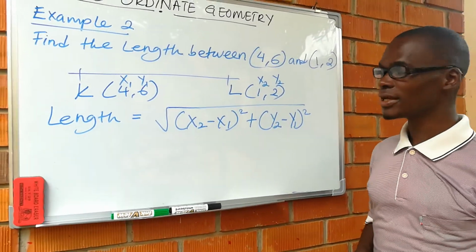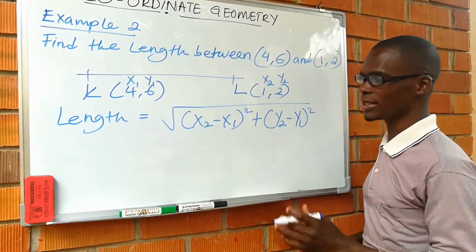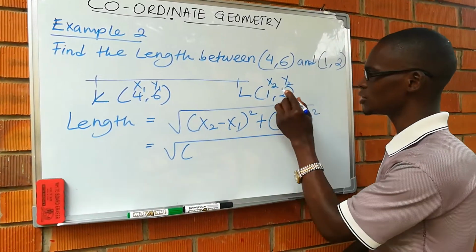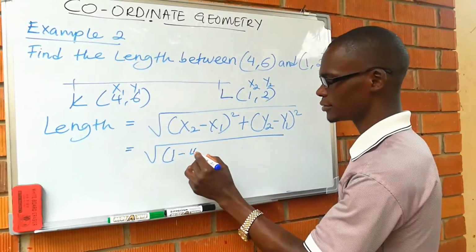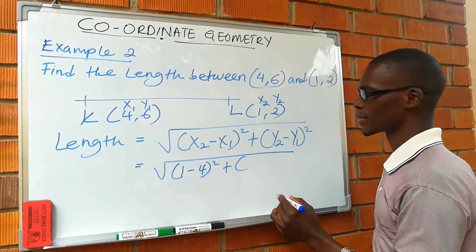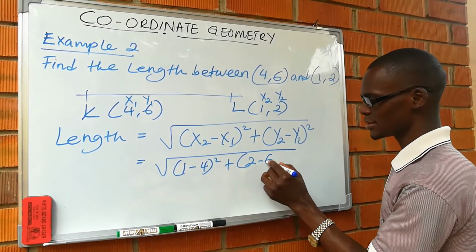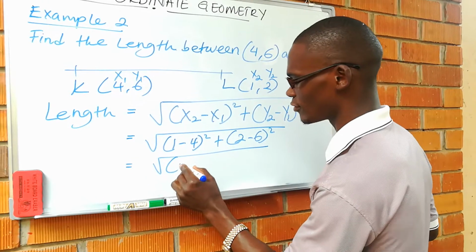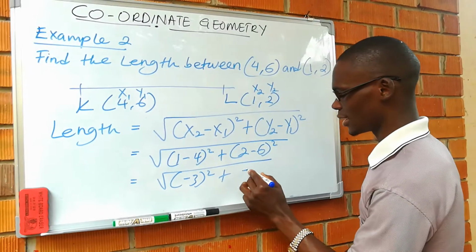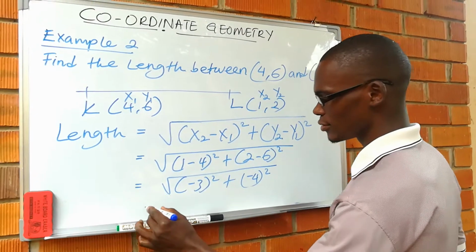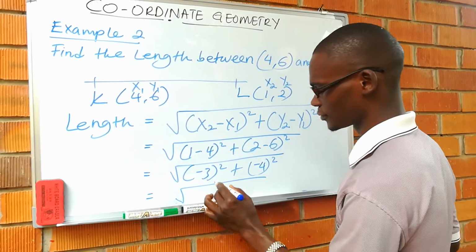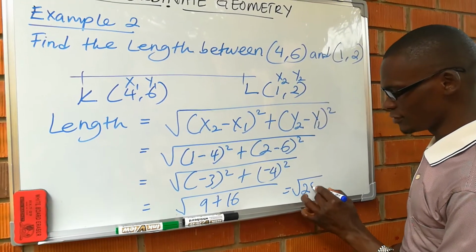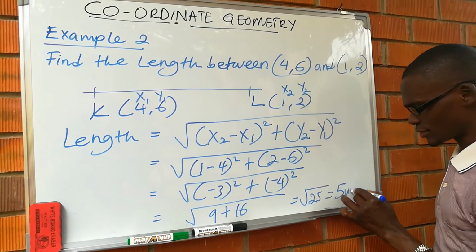Then after naming the coordinates, we come and substitute in our formula, that is the square root of x2, which is 1 minus 4 squared, plus that is 2 minus 6 squared, giving us the square root of negative 3 squared plus negative 4 squared, which will give us the square root of 9 plus 16, which is the square root of 25, giving us 5 units.